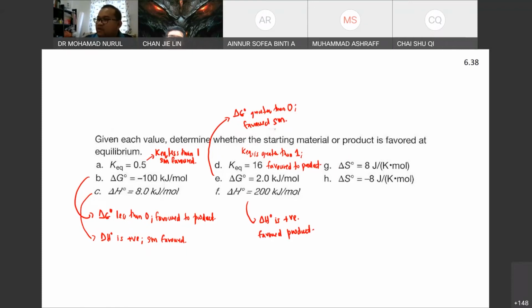Okay, in this case, we already touched on equilibrium, delta G, delta H. So, why not entropy? Okay, entropy. Delta S naught greater than 0: starting material is favored.